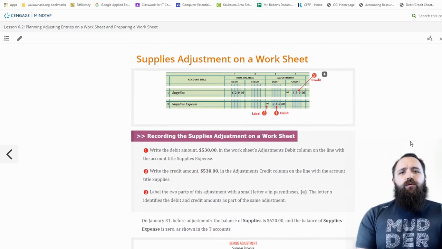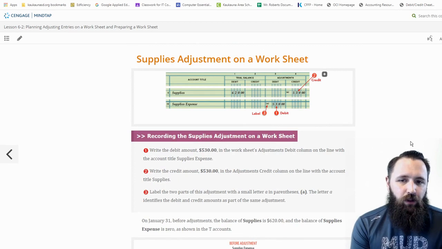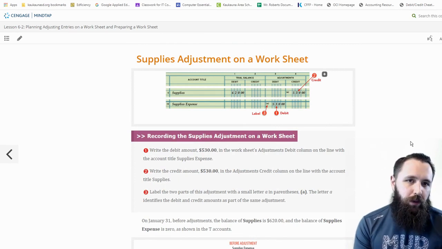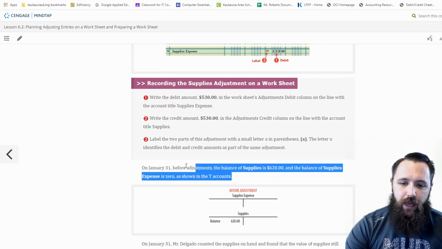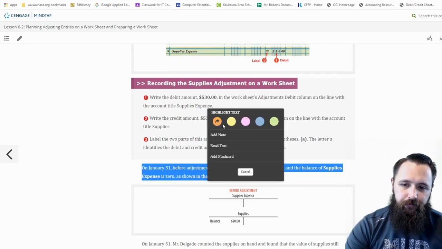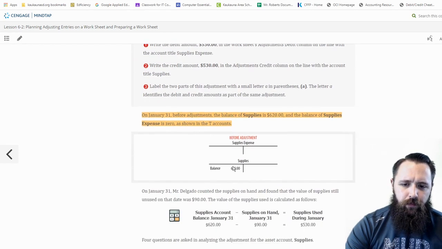All right, now it's the real hands-on stuff. That was a lot of terms, okay? But now let's look at recording these supplies, or making an adjustment to supplies, on a worksheet. So what I want you to look at here is the actual transaction. That is not the actual transaction.